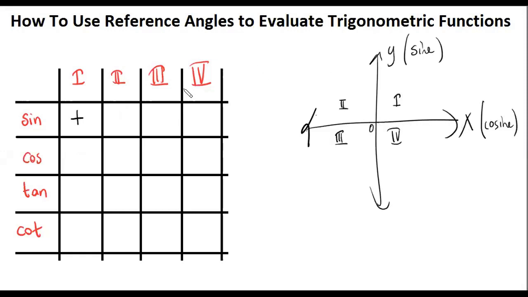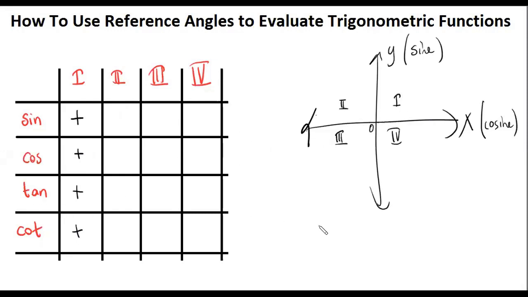Is it clear? And we know that tangent is sine over cosine, which is positive over positive. So that means tangent is also positive. And cotangent is always the same sign as tangent. So cotangent is always positive in the first quadrant.